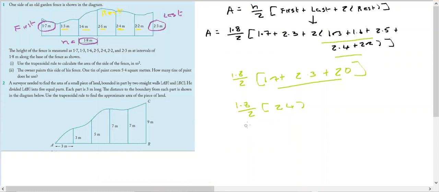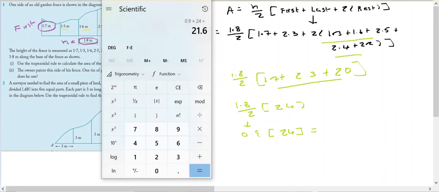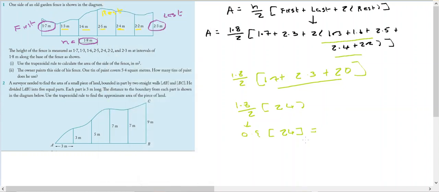So that's 21.6 meters squared. Remember, it's an area.